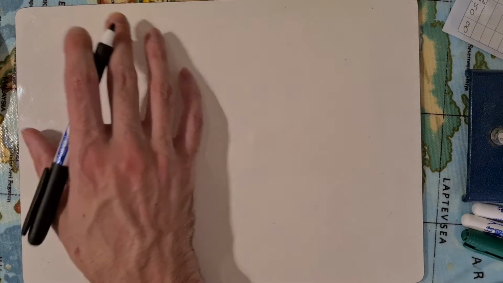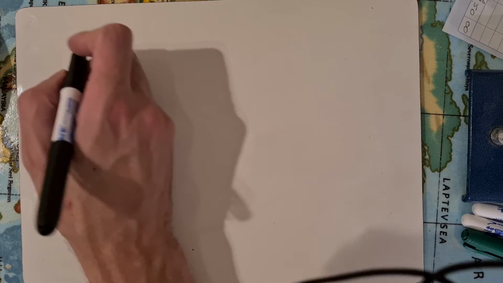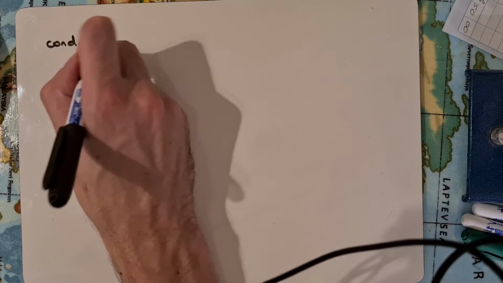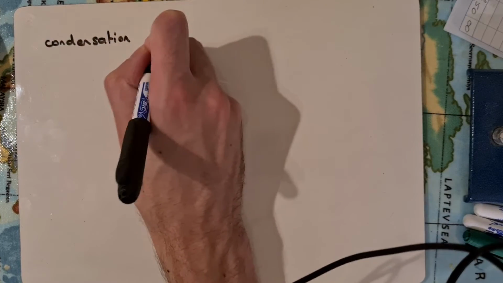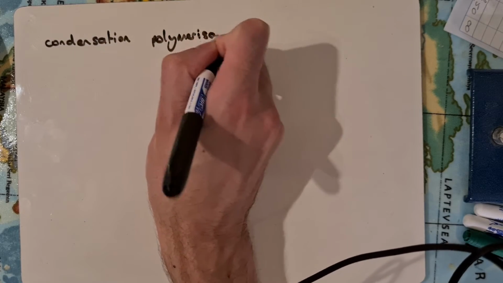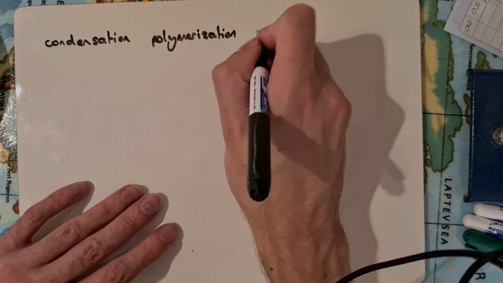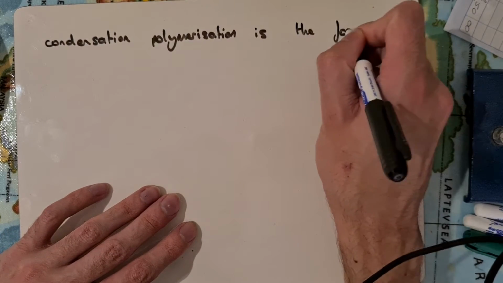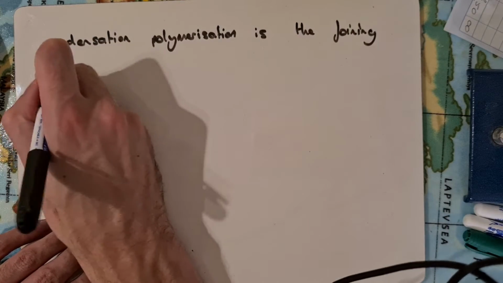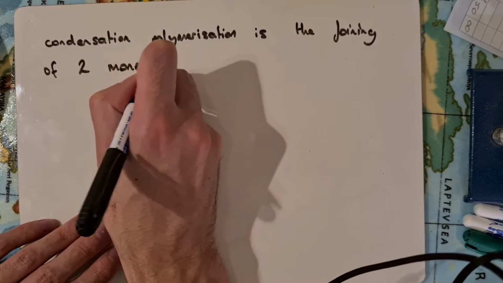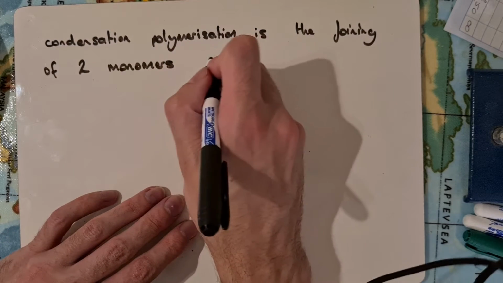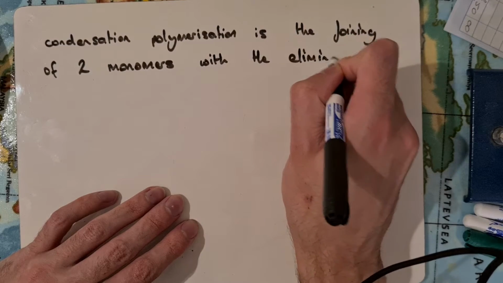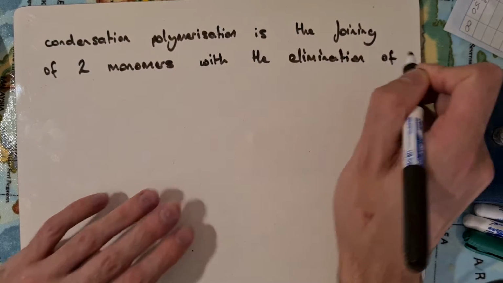So the first thing that's going to be covered in your booklet on page 11 is condensation polymers or condensation polymerization. So, first of all, condensation polymerization is the joining of two monomers with the elimination of a small molecule.